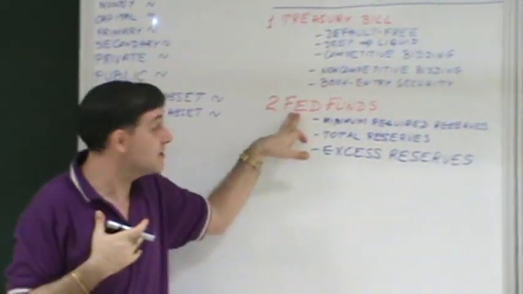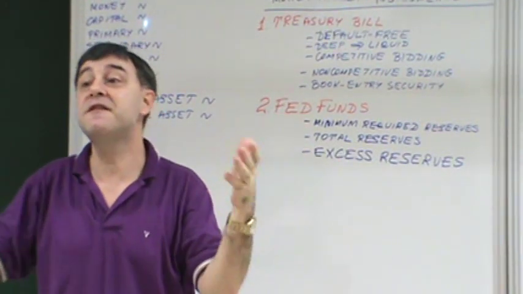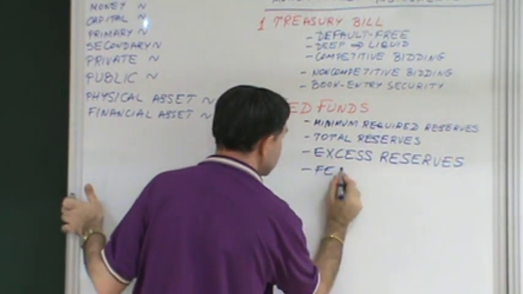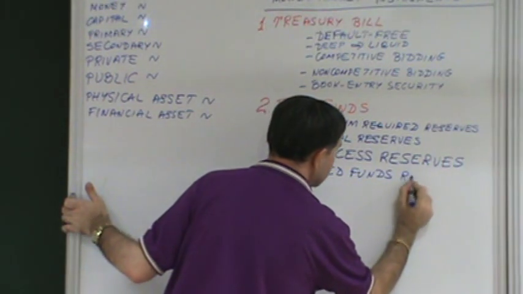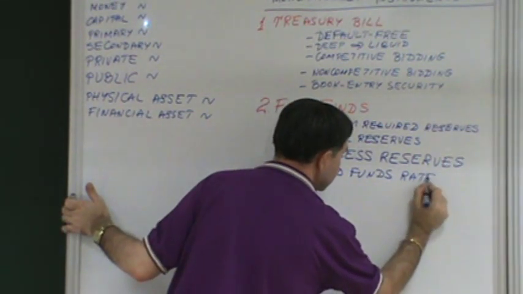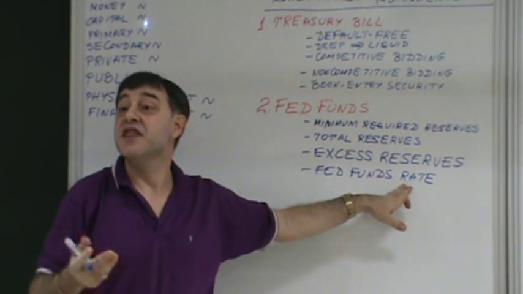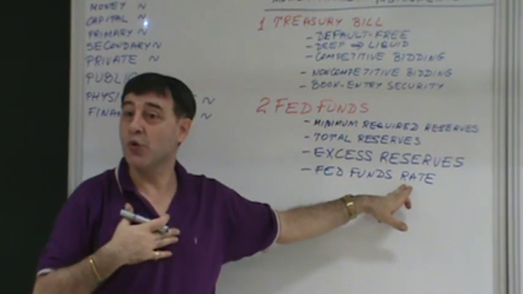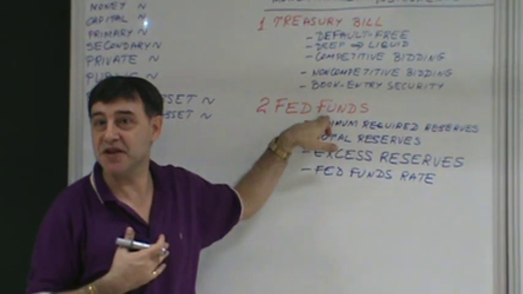And the interest rate on Fed funds is called the Fed funds rate. The Fed funds rate is simply the interest rate that a borrower pays to borrow a deposit at the central bank.